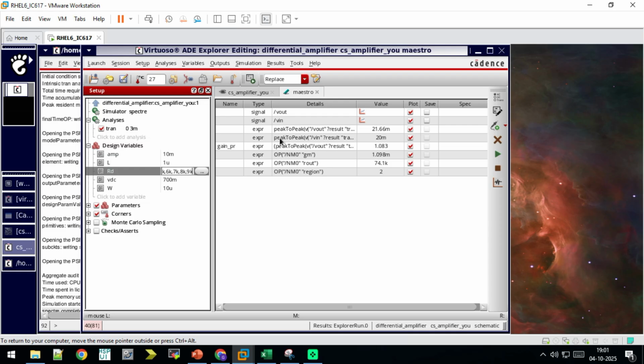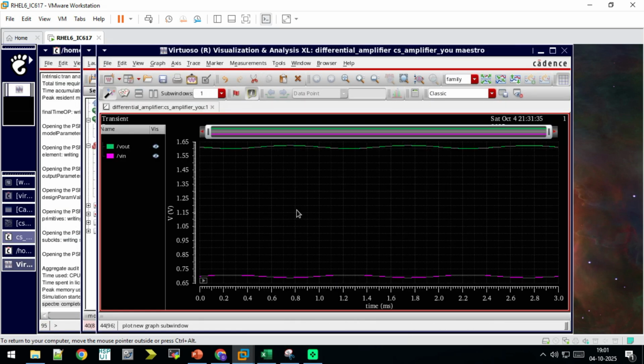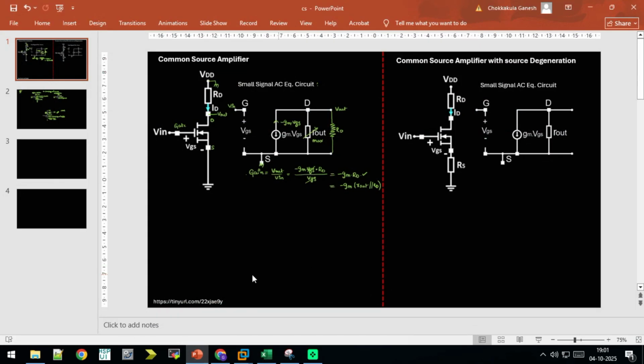As we are expecting, as the load resistance RD increases, we get more gain. That's what we have to simulate now. And while we are increasing the RD value, we have to consider this also. We discussed this concept.